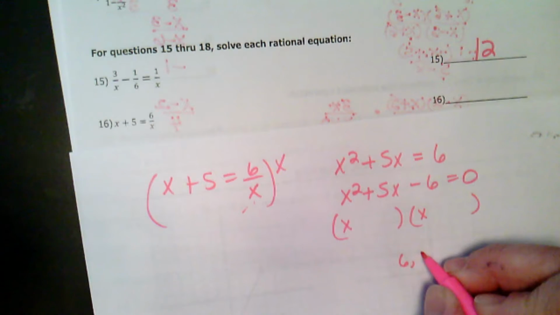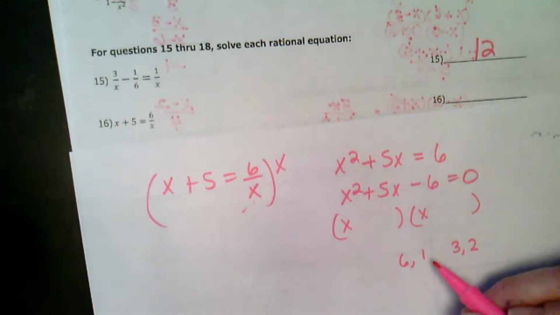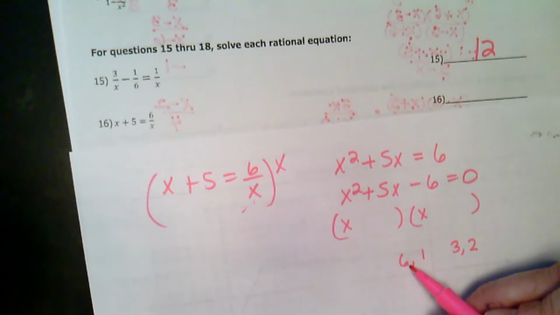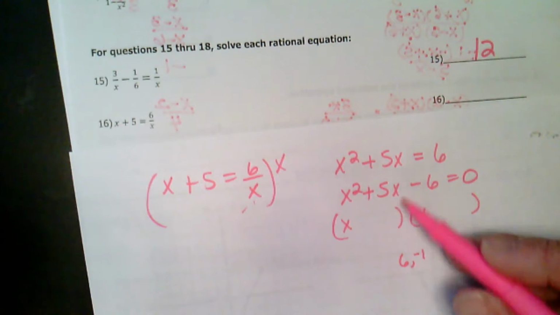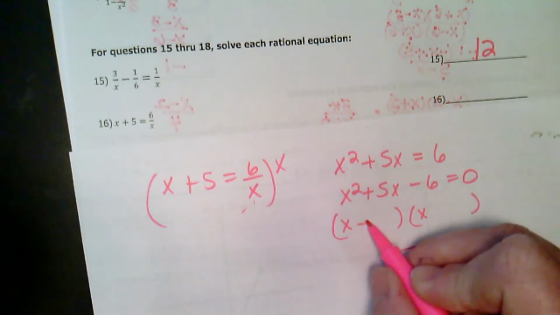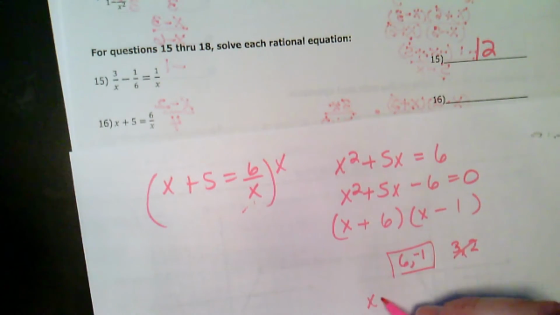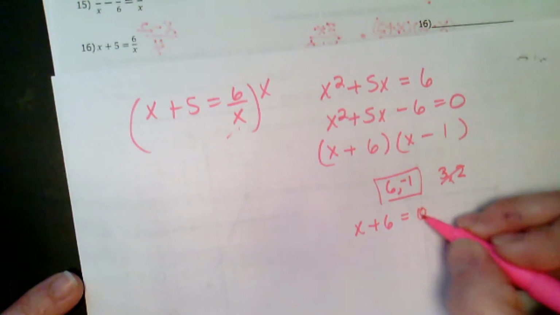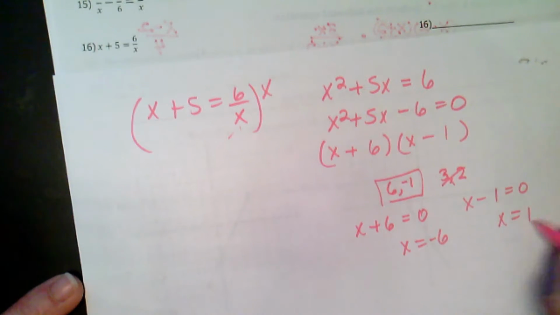So we have two options here. Only one will work. So we need it to be negative when we multiply, which means one of them has to be negative. So this one would not work because if one of these is negative, it will never add up to 5. So this is our winner. And then we want to set both of these to 0. So we get negative 6 as an answer and 1 as an answer.